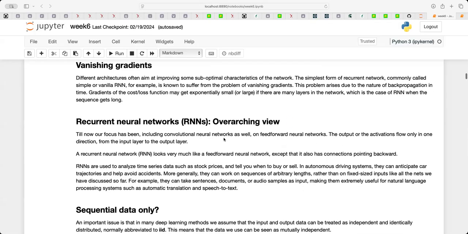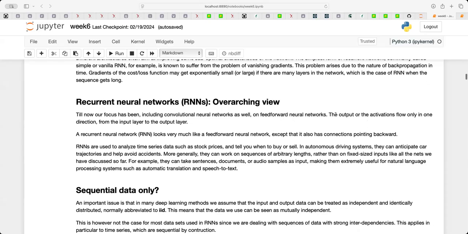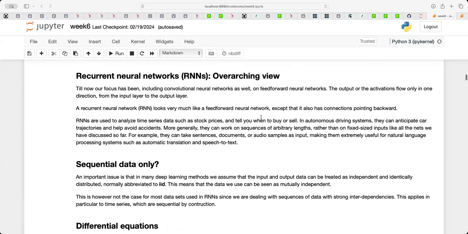So till now, till last week actually, our focus has been on a convolutional neural network for imaging in particular, or a feed-forward neural network. And the output or the activations flow only in one direction. A recurrent neural network looks very much like a feed-forward neural network, except that it also has connections pointing backwards.